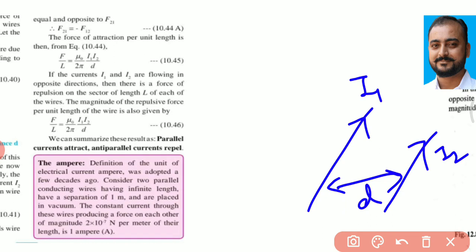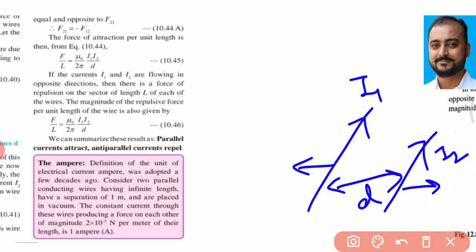There is a possibility that the currents flow in the same direction or in opposite directions, that is, parallel or anti-parallel. So there may be a force of attraction or a force of repulsion.